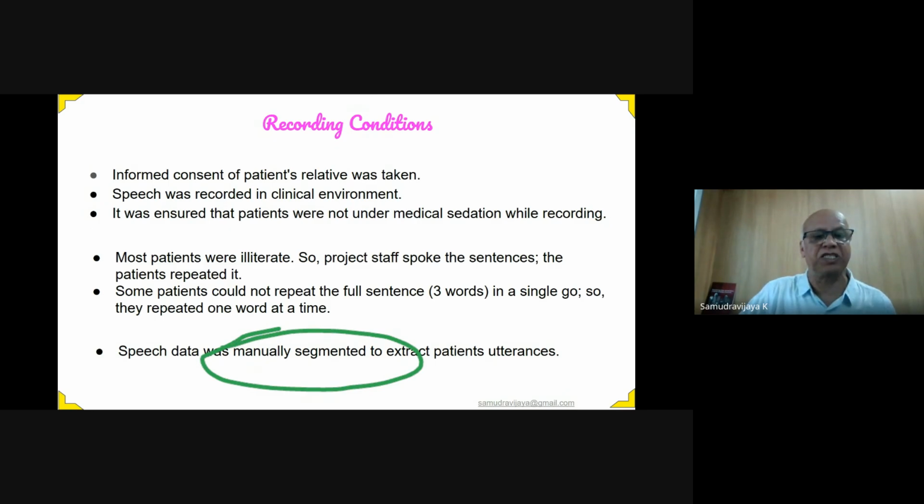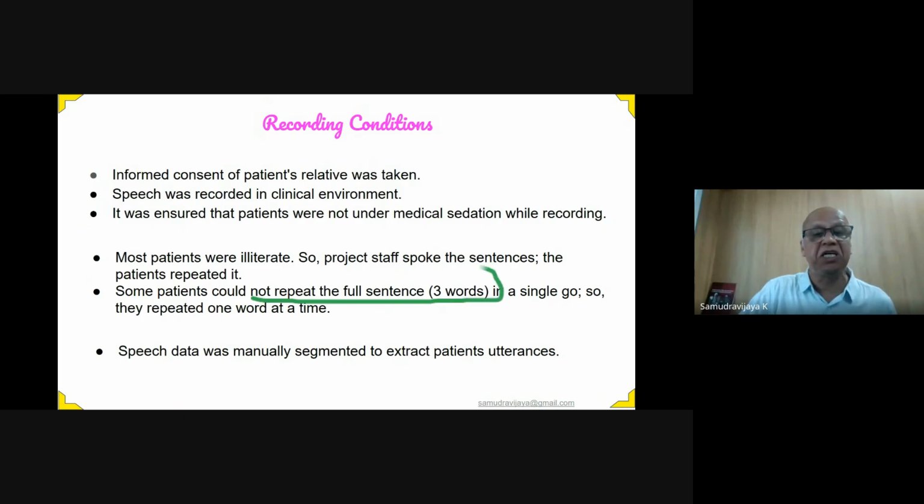to pull out only the speech of that particular person. Now, sometimes it so happened that some people's health condition was so severe that they could not even repeat a short sentence of 3 words. So we asked them to repeat 1 word at a time.